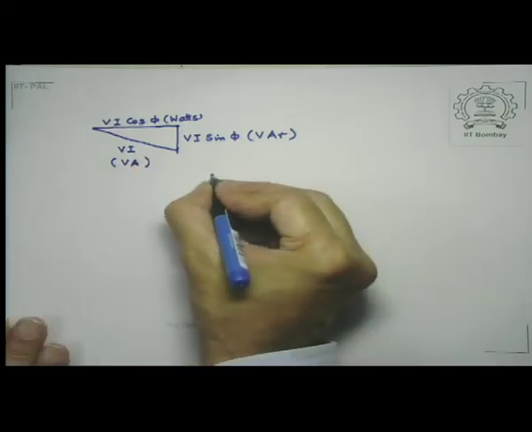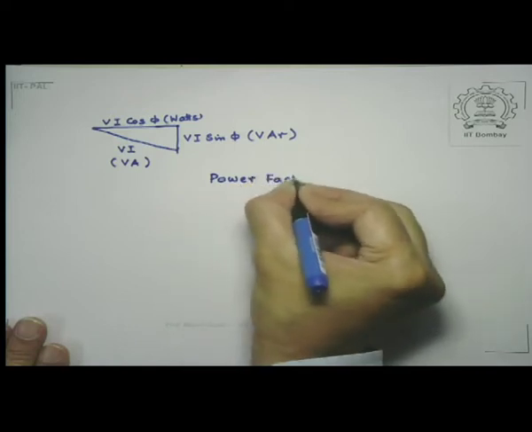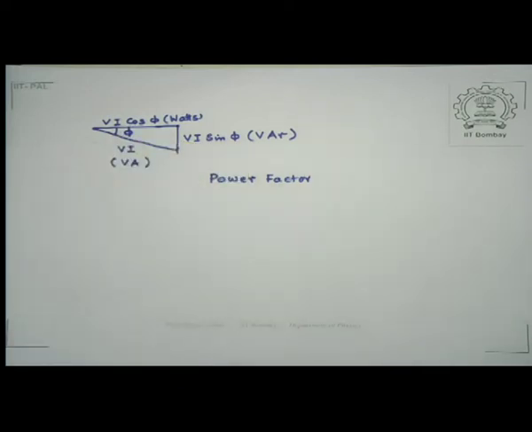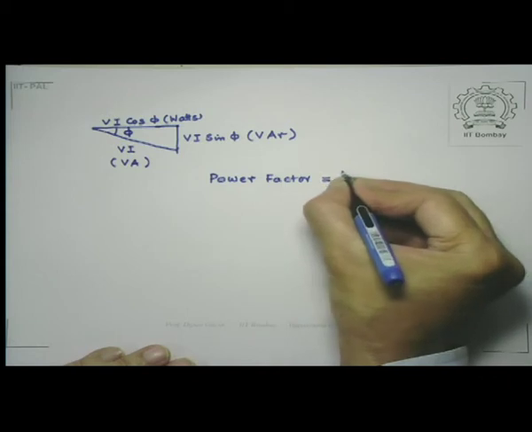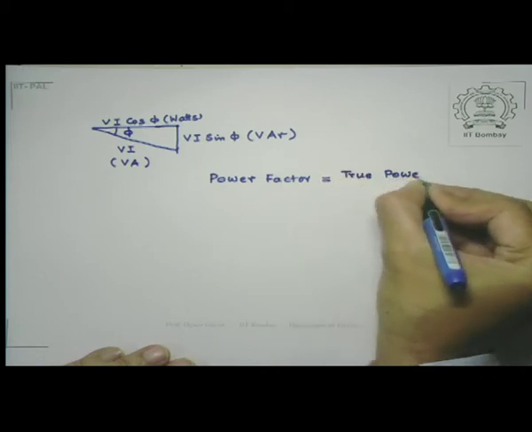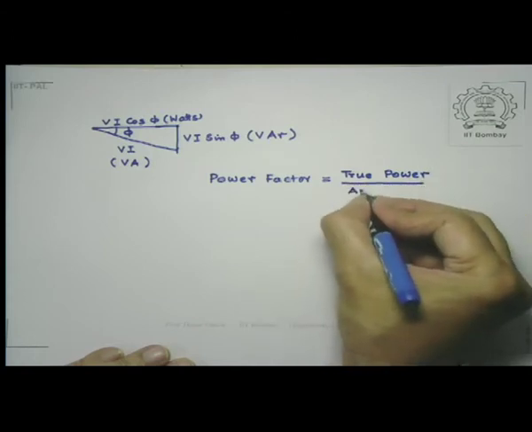And the power factor, recall that this angle is phi, is simply given by true power divided by the apparent power. That would be the cosine of the angle phi.